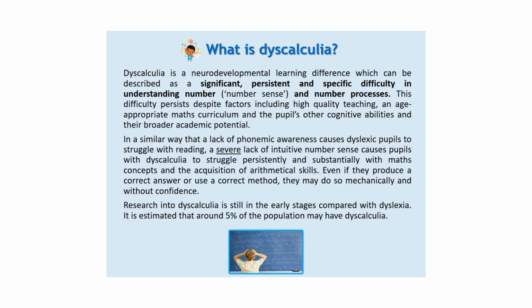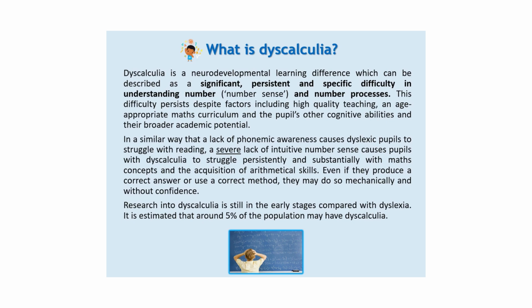What is dyscalculia? Dyscalculia is a neurodevelopmental learning difference which can be described as a significant, persistent and specific difficulty in understanding number and number processes. This difficulty persists despite factors including high-quality teaching, an age-appropriate maths curriculum, and the pupil's other cognitive abilities and their broader academic potential.